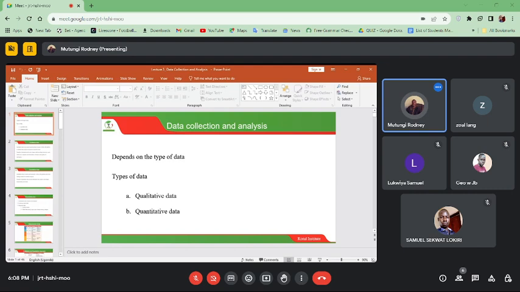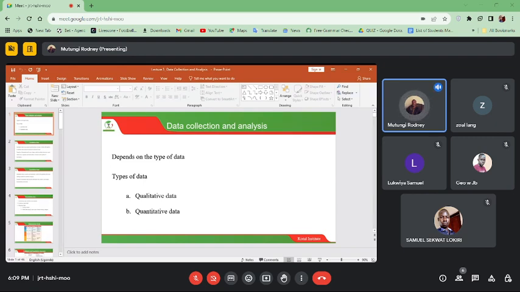So I was still trying to say that the importance of collecting data is that it helps us make sure that we analyze whether we have what we wanted to achieve or not. But also it helps us to know, even before we implement our program, where the community or the target population stands.